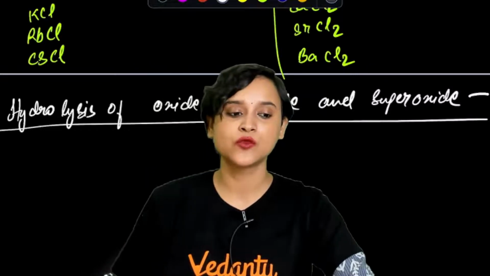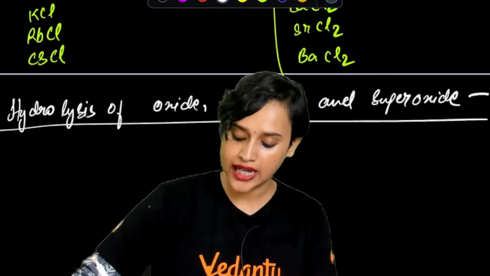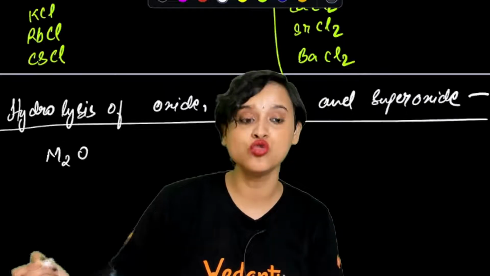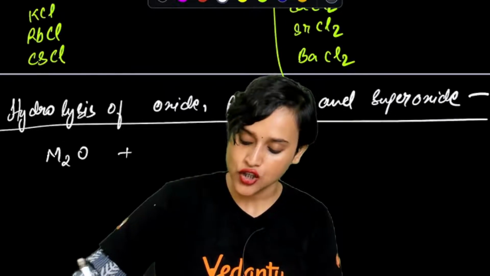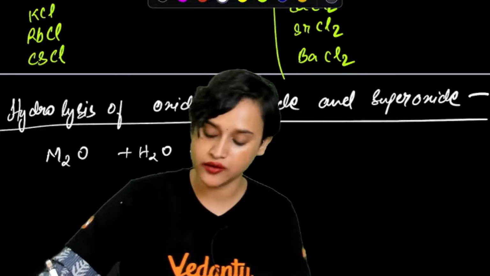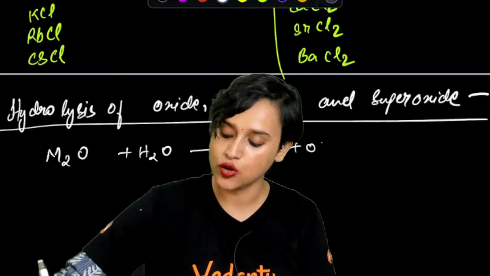So what will it be? If I take an oxide, let's say M2O, M2O plus water will give you M plus OH minus.